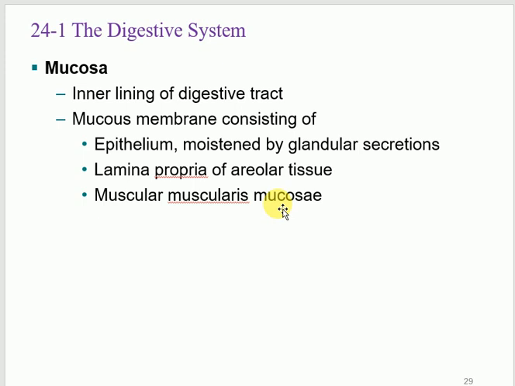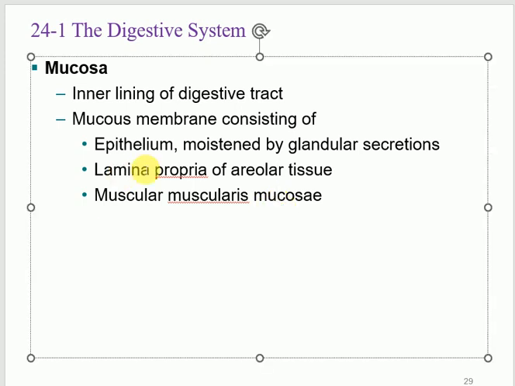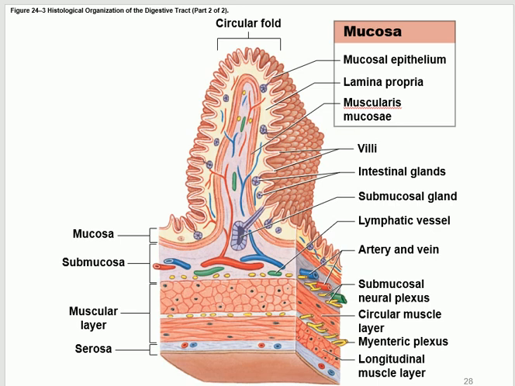The mucosa is the innermost layer, and it is epithelium. And there is something here that I didn't talk about, but here it is. I want you to look at this layer specifically. You see this layer? This is separating the mucosa here from the submucosa.